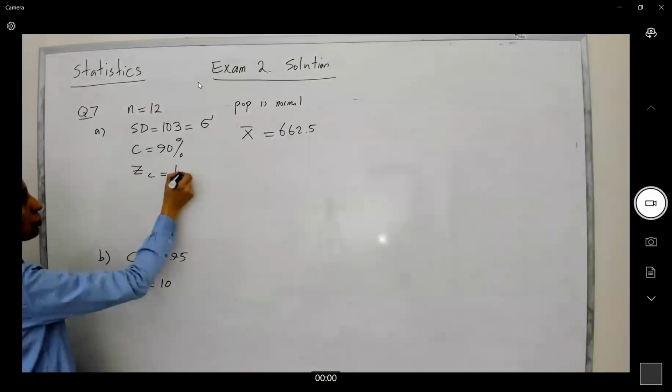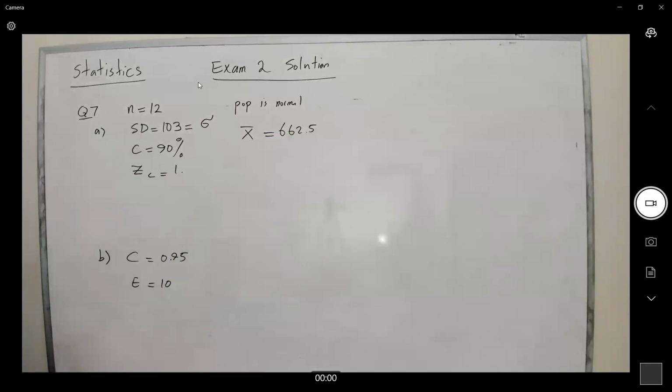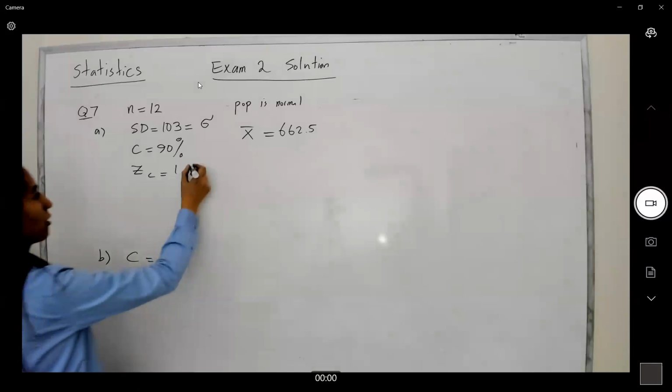What is your ZC? For a 90% confidence interval, your ZC is 1.645. Thank you so much. 1.645.